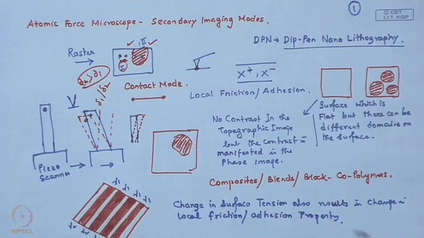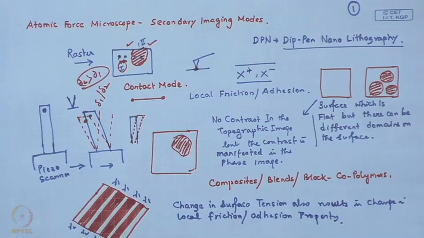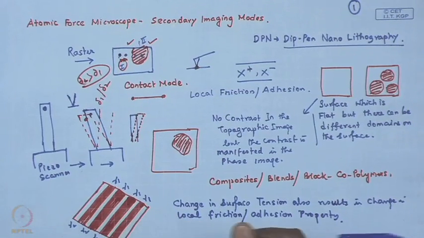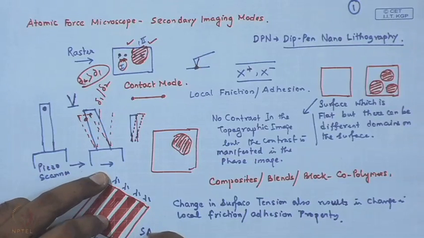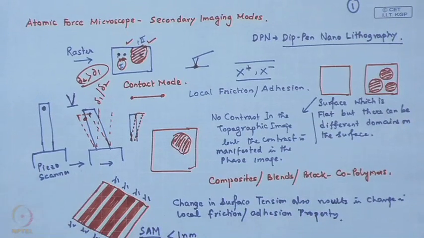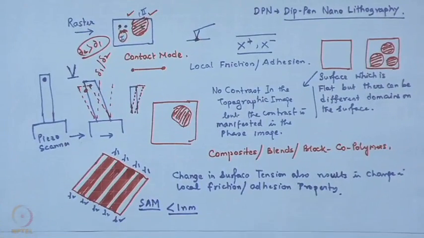Okay. So, now when you do a contact mode scan, these are, if you remember, self assembled monolayers. So, these are one molecular layer thick, which is sub nanometer. So, topography wise it is nearly flat, right, but you have these domains which have different surface properties: the friction property, surface tension, adhesion, they are different. So, what would you expect?